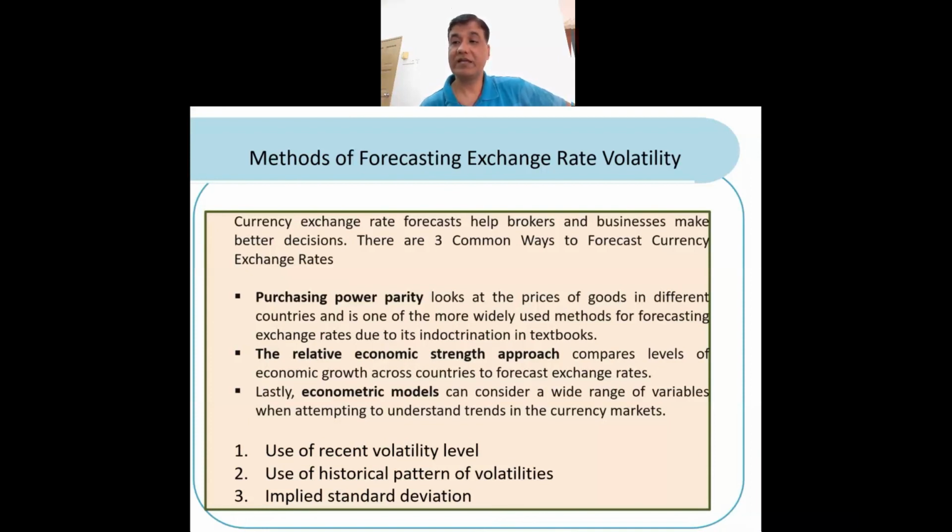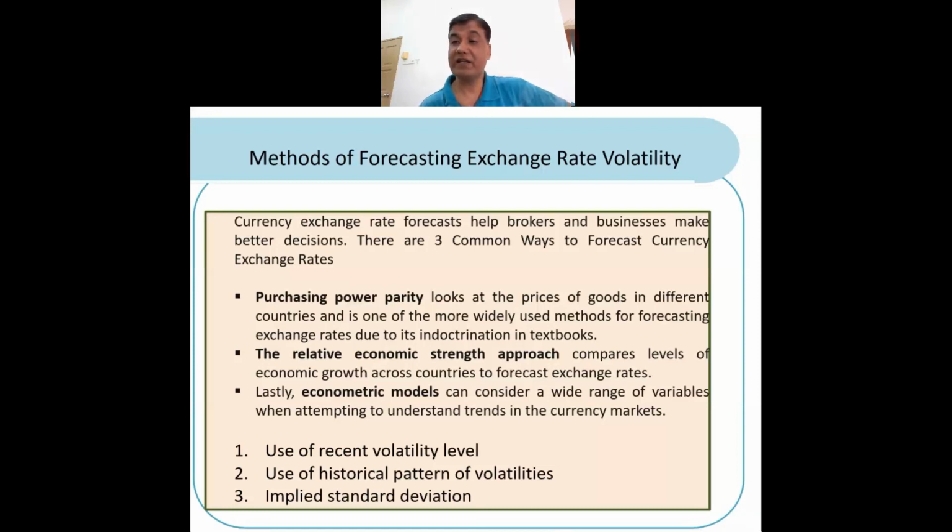So you'll be looking at the relative economic strength of these countries. If you see your country's economy is getting stronger than them, or your country's GDP growth is higher than other countries, or GDP growth is expected to be higher in the near future compared to the other countries we deal with, that may help you if you have that kind of data to reduce the volatility in the exchange rate that you are predicting.